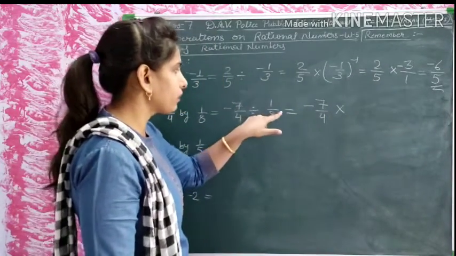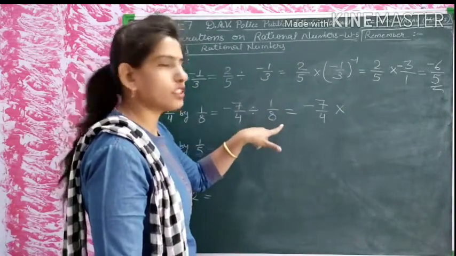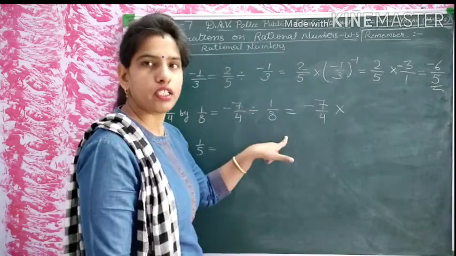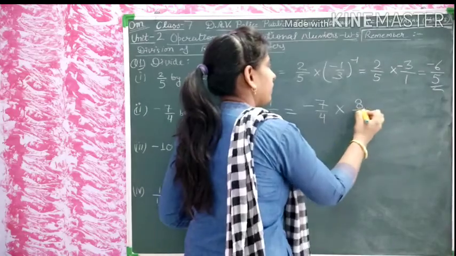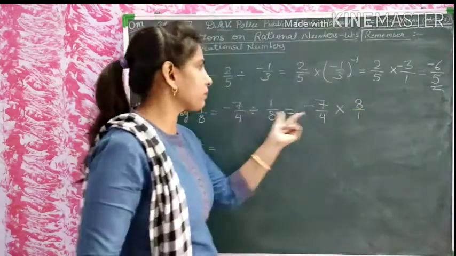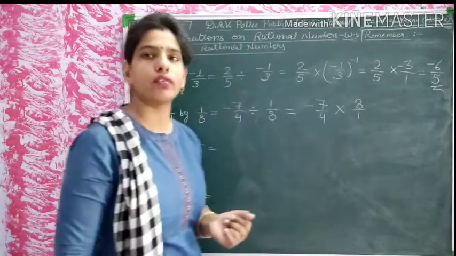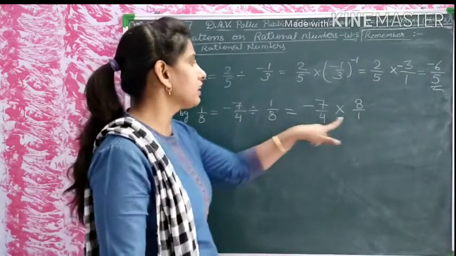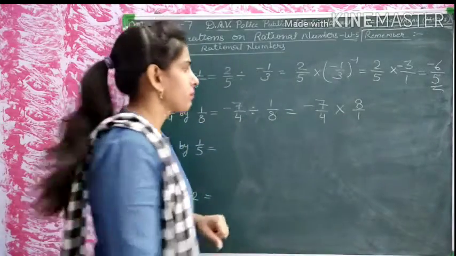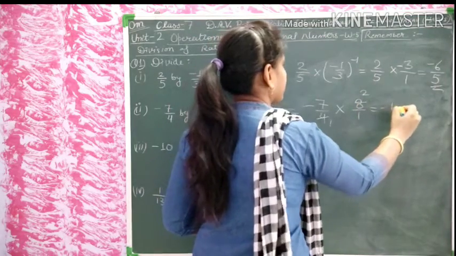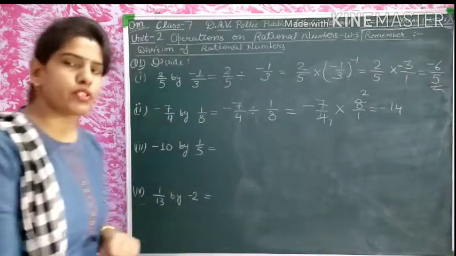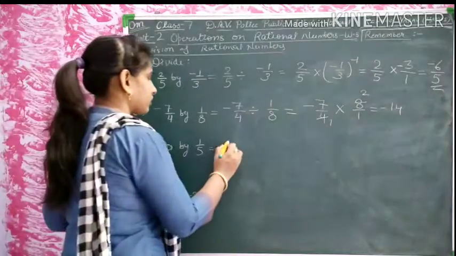After multiplying, what do we do? The numerator becomes the denominator and the denominator becomes the numerator. So this becomes 8 by 1, because its reciprocal is 8 by 1. Now 4 1s are 4, 4 2s are 8, and the answer is minus 14. Okay students, now we will do the next question.